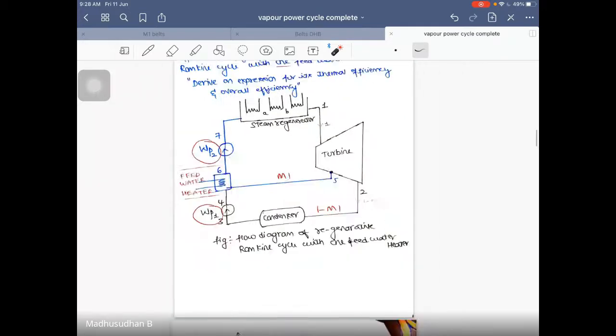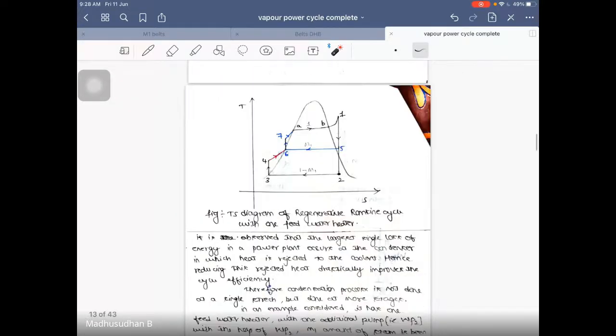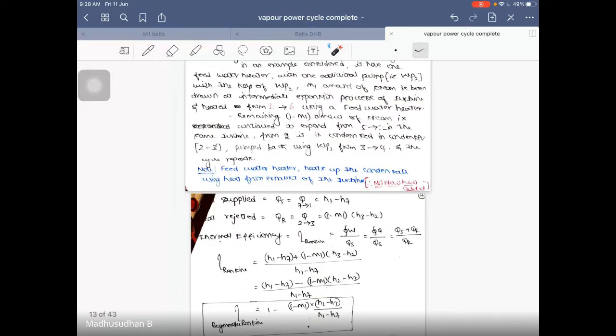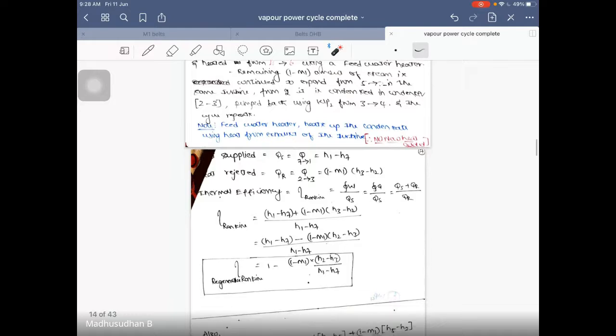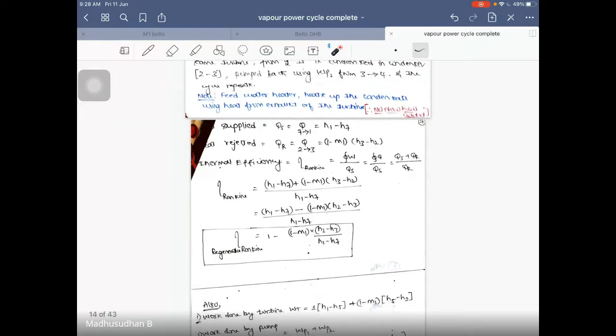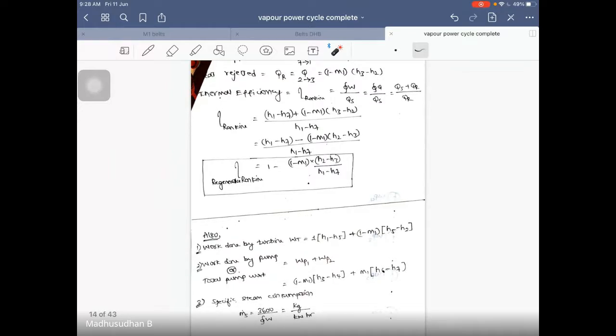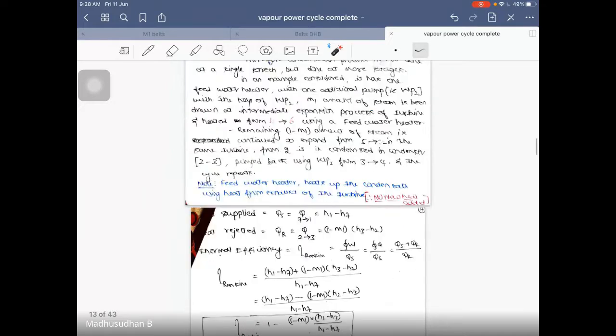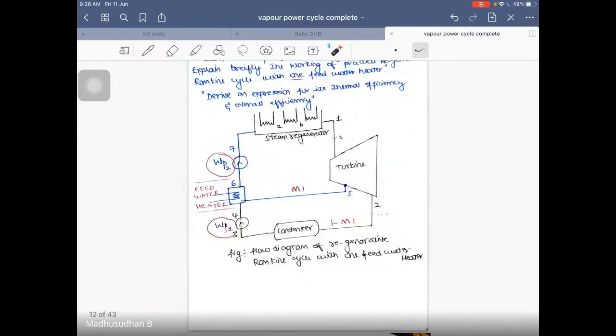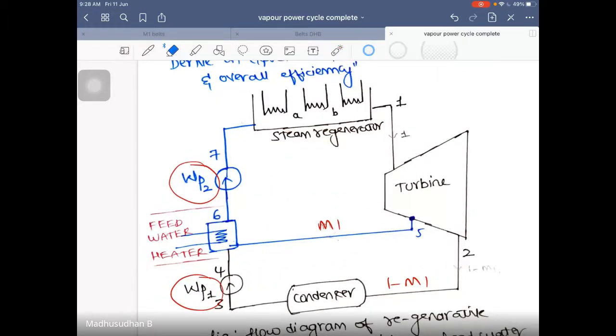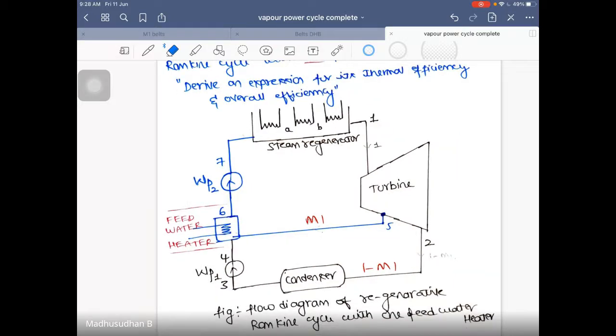There are some formulas. This is the TS diagram you can observe there. I told you how many pumping works are there.